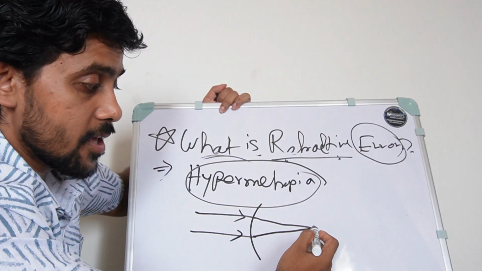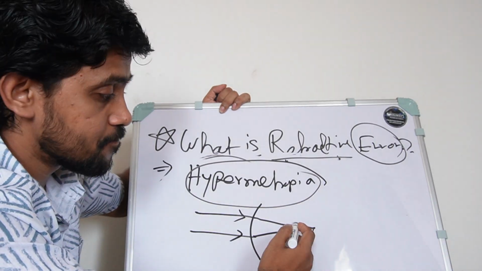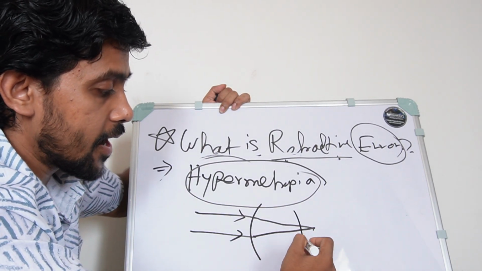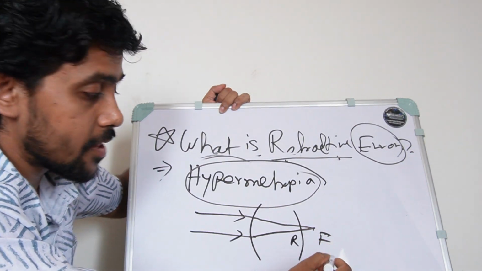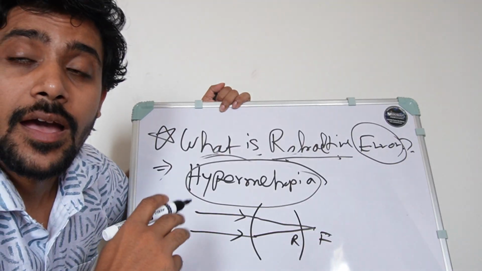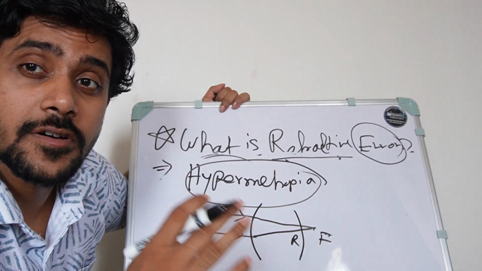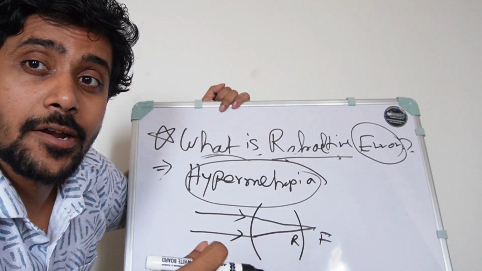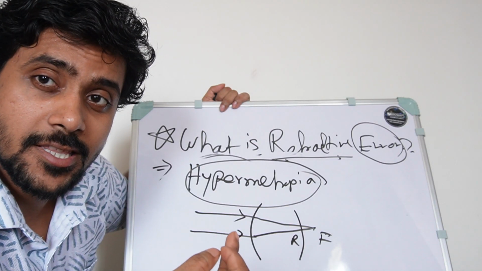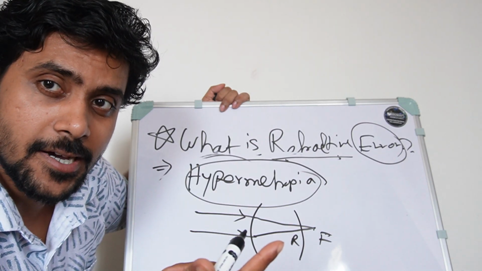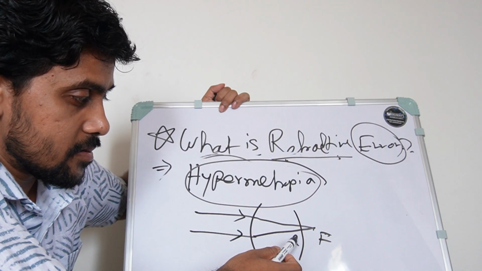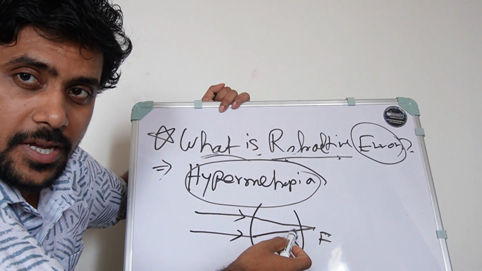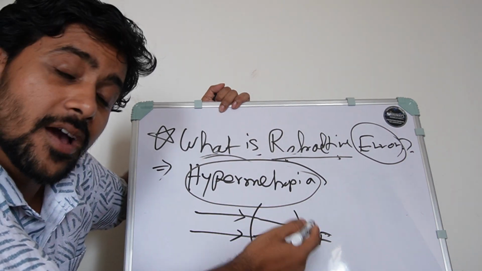If this point is behind the retina, then it will become a blurry image. Whenever the light rays are not focusing on the retina but are focusing behind the retina, that is hypermetropia, right?